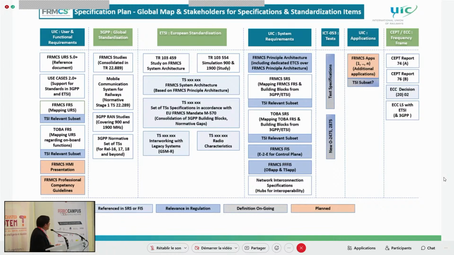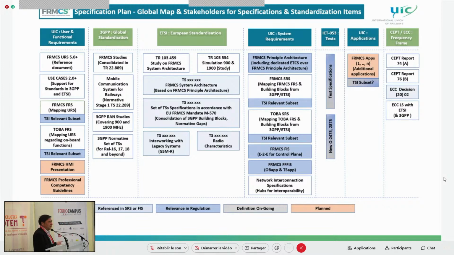So you have the list of specifications, and this is very important because you see where all the collaboration can happen. It's a real case, it's real documents, it's real work, it's a lot of people behind that, okay? UIC, first column, sorry for that.